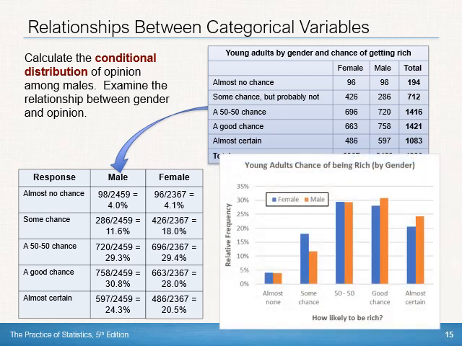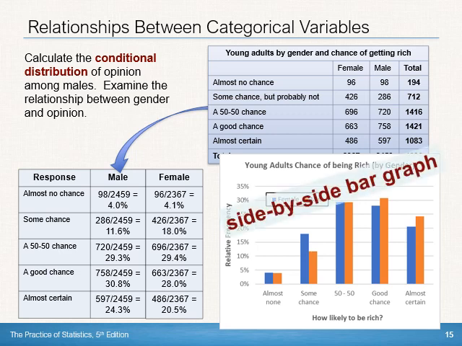So in this case, notice the bottom or x-axis, instead of being male, female, is the other categorical variable, how likely you are to be rich or wealthy when you get older. And then the legend now has males and females in it, the different colors that correspond. So this is an example of a side-by-side bar graph.